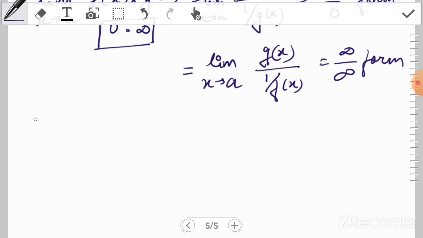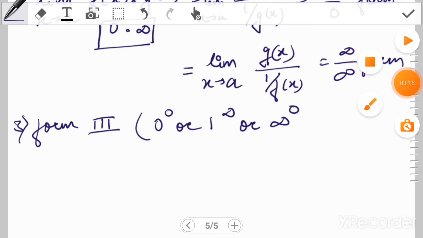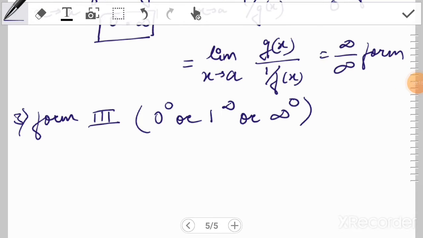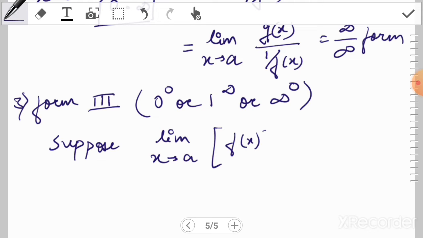Next is form number 3, which is 0 raised to the power 0, or 1 raised to the power infinity, or infinity raised to the power 0. Okay. So in this case, suppose we have the limit as x tends to a of f(x) raised to the power g(x).